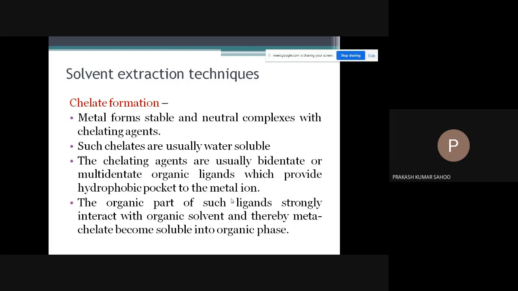So this is NH2 CH double bond CH single bond NH2. That means two nitrogens are there, which can donate two lone pairs of electrons. So ethylene diamine is a bidentate ligand. That means it is one ligand, but it can donate two pairs of electrons.